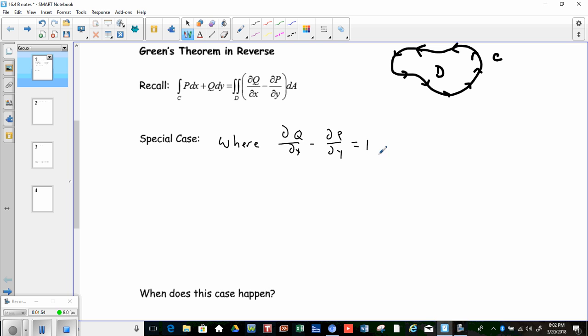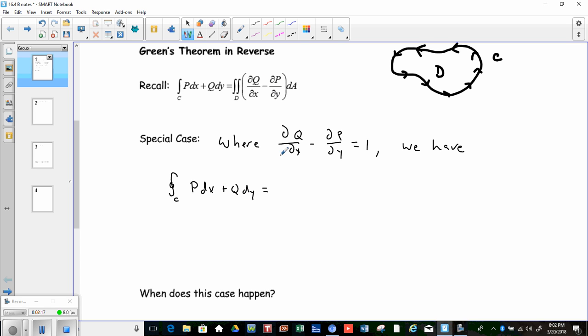If that's the case, what we have is the line integral over a curve, closed, simple, no holes, of P dx plus Q dy.